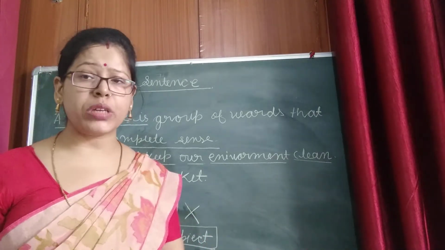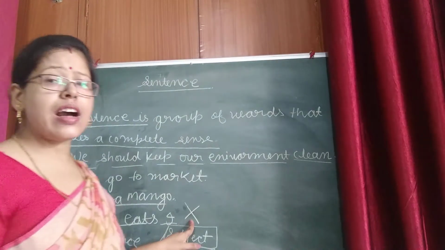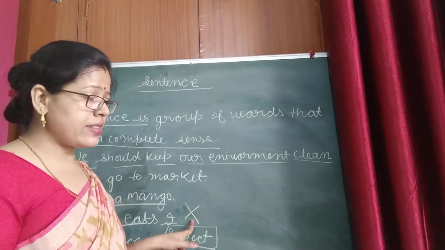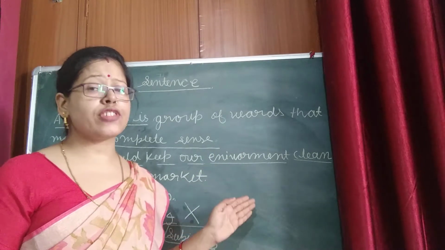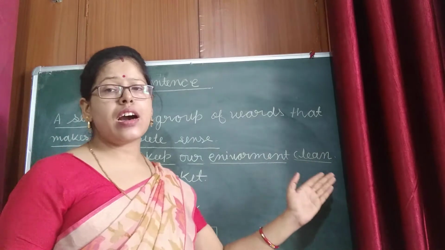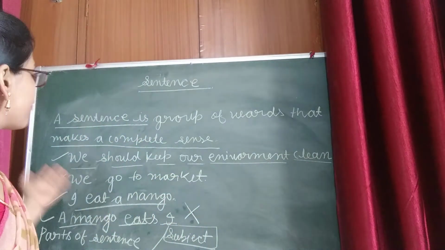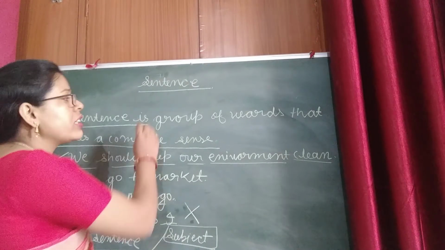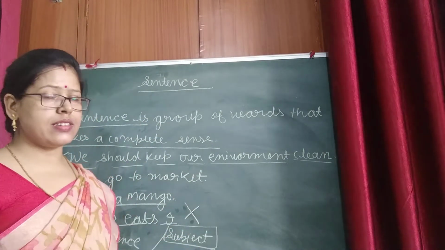It has no meaning. It is not true, and that is why we cannot say the last group of words is an example of a sentence. But the first three are examples of sentences because these sentences are giving us a complete sense. In this way, we understood the meaning of sentence, the definition of sentence, and the condition of the sentence.